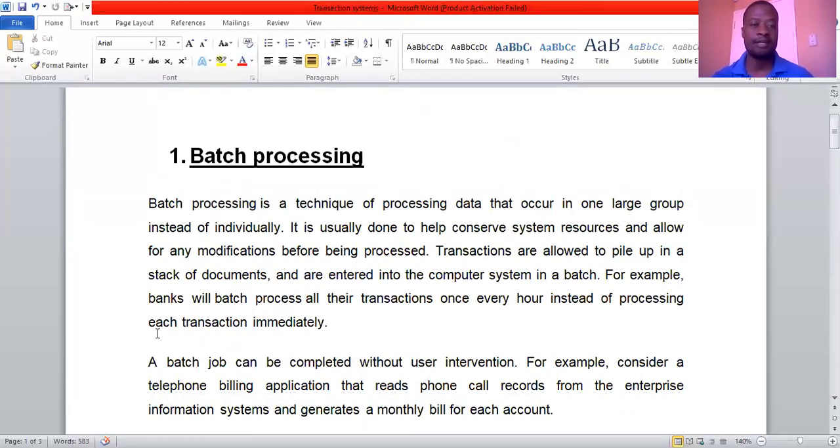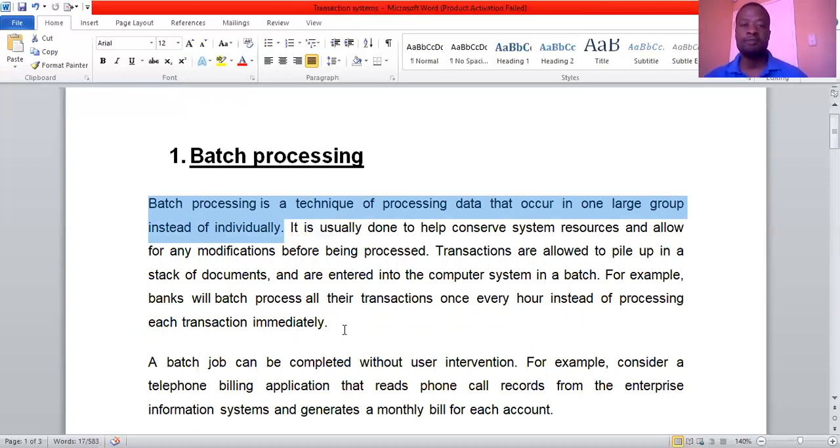Now, starting off with batch processing system. Batch processing system is a technique of processing data that occur in one large group instead of individually. So you have got a bunch of data, and then this data you have to process as one unit, rather than processing it individually, portion by portion.